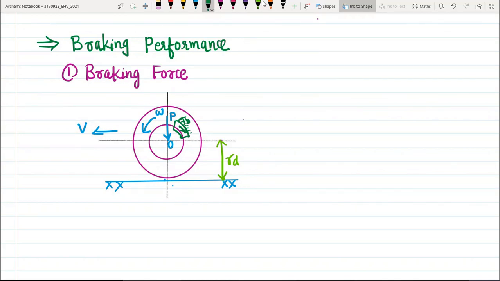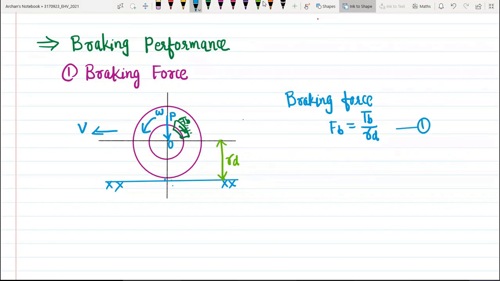If I talk about the braking force now, then this braking force FB is given by braking torque by the radius, that is RD. So this is how braking force has been produced.